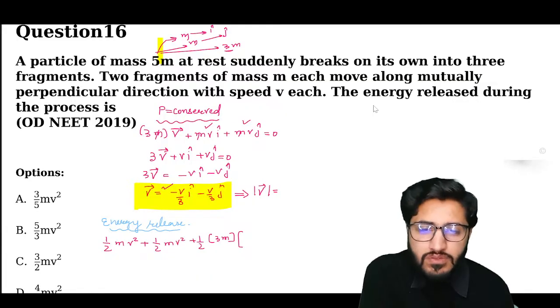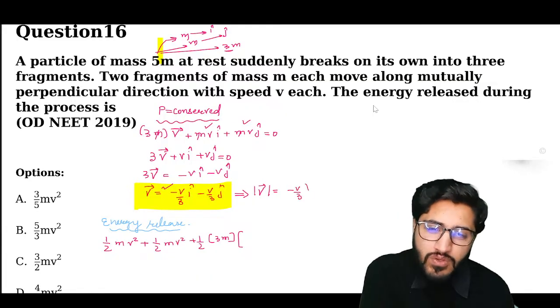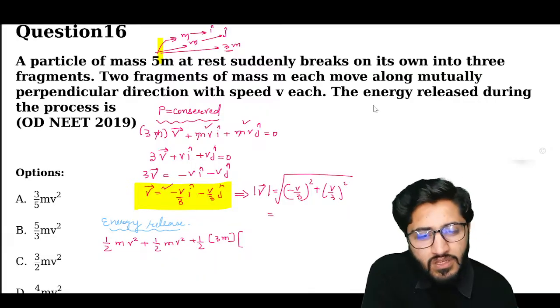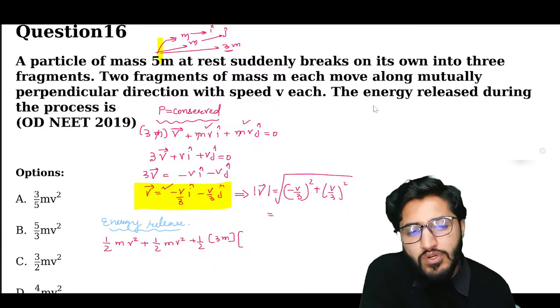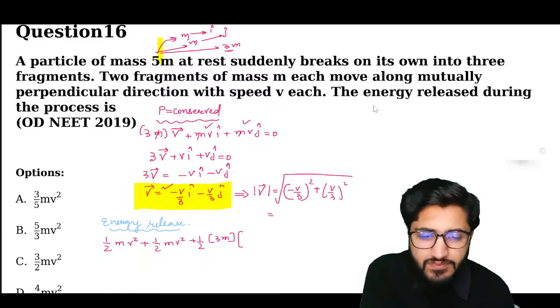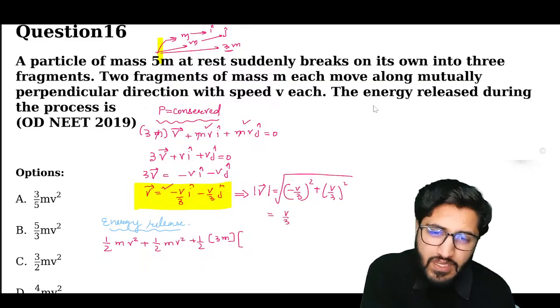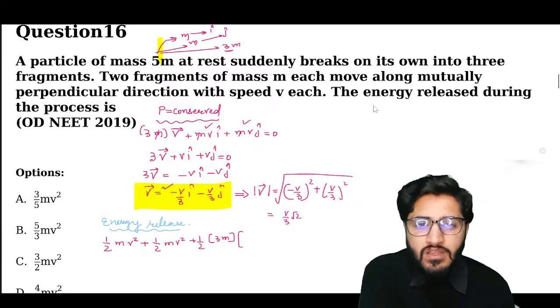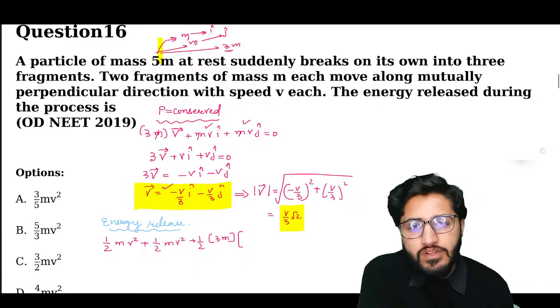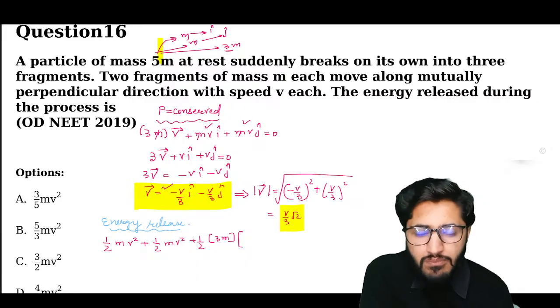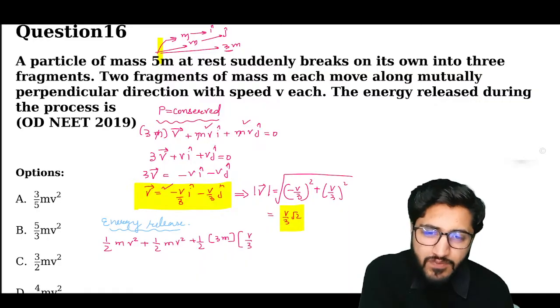It would be the root of minus v by 3 whole square plus one more time v by 3 whole square. Its answer came out to be v by 3 under root 2 only. So here I have to put the value, 1 by 3 m v square.